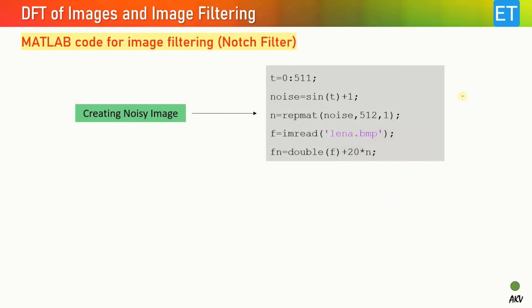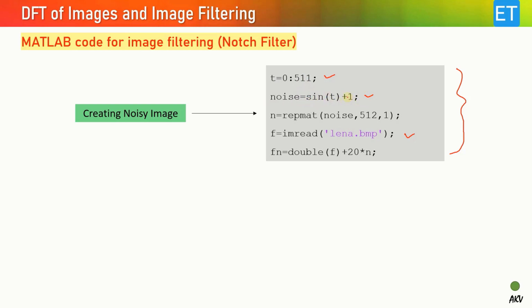This is a simple code which can be used to create that sinusoidal noise in the Lena image. It's just a time vector from 0 to 511, because the size of the Lena is 512 by 512, that's why this vector is from 0 to 511. And we have created a sine wave, sine t plus 1.